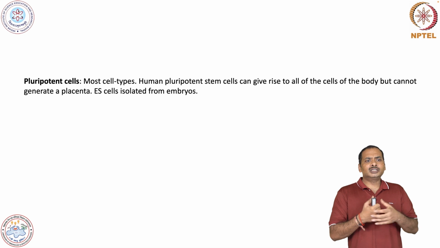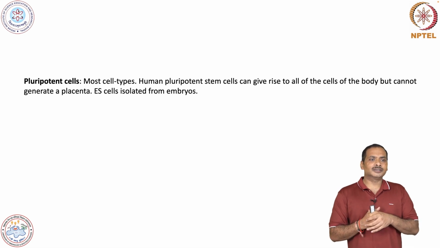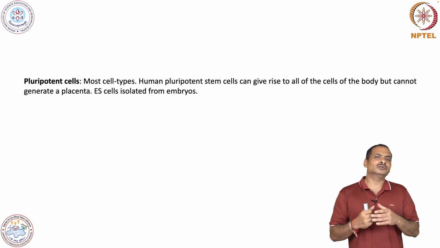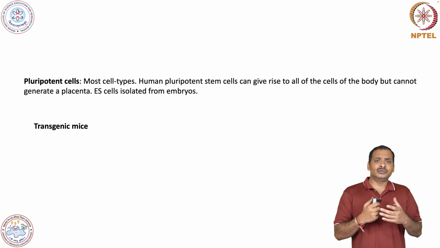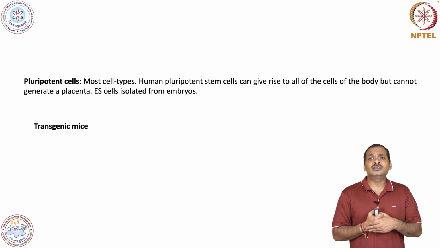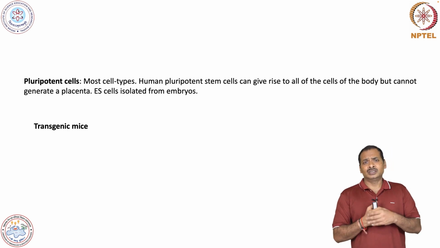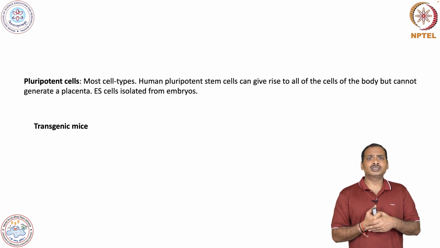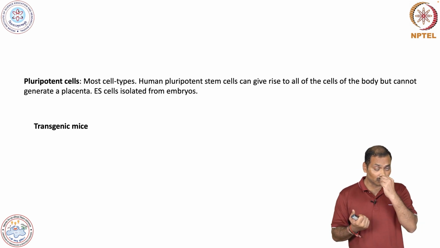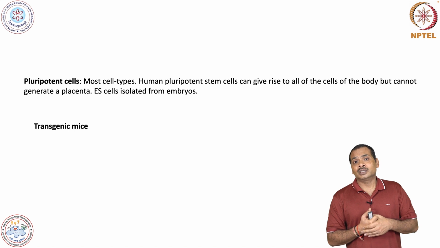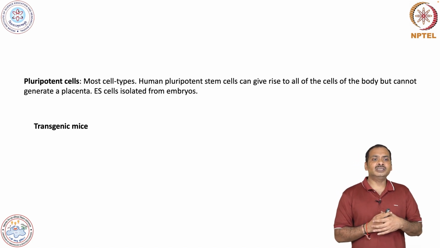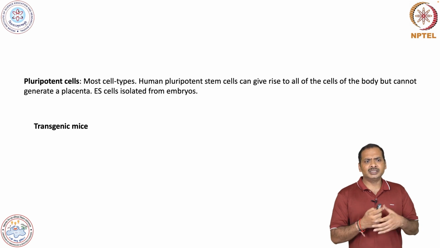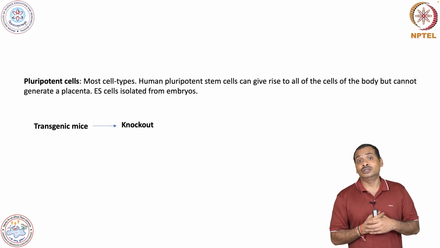So this pluripotent stem cell is very commonly used in mouse experiments, as I have explained to you, and we can generate transgenic mice using this pluripotent stem cell, or in case of mice we call it an embryonic stem cell. So we can create a variety of transgenic mice, and you can create knockout mice.